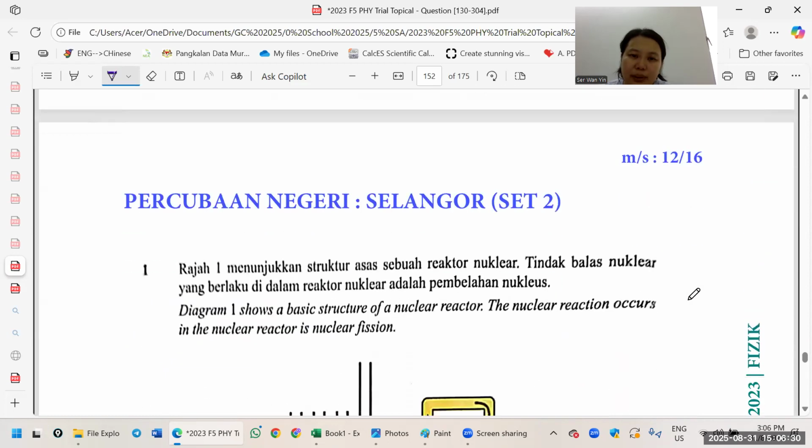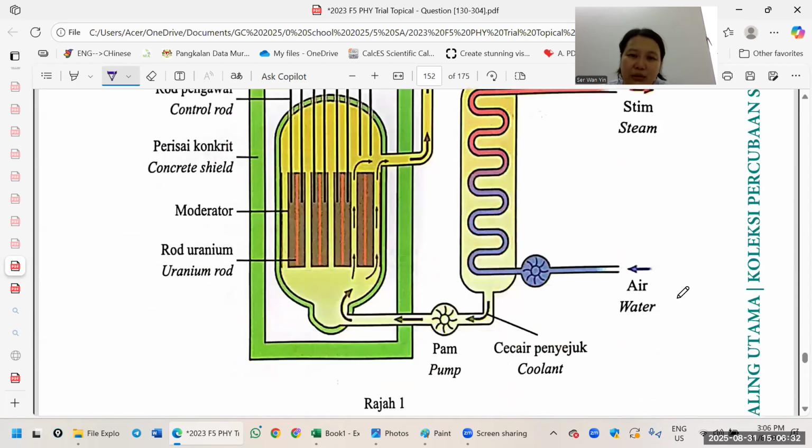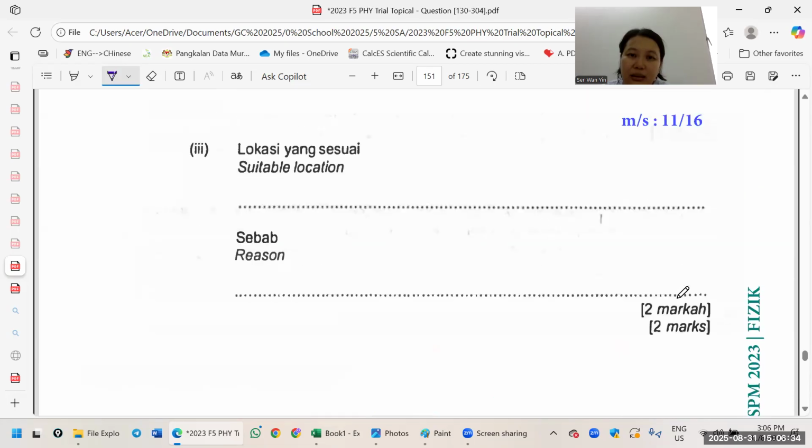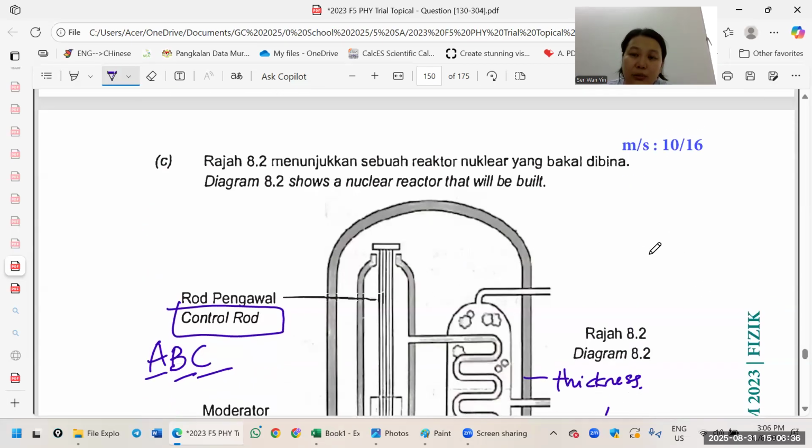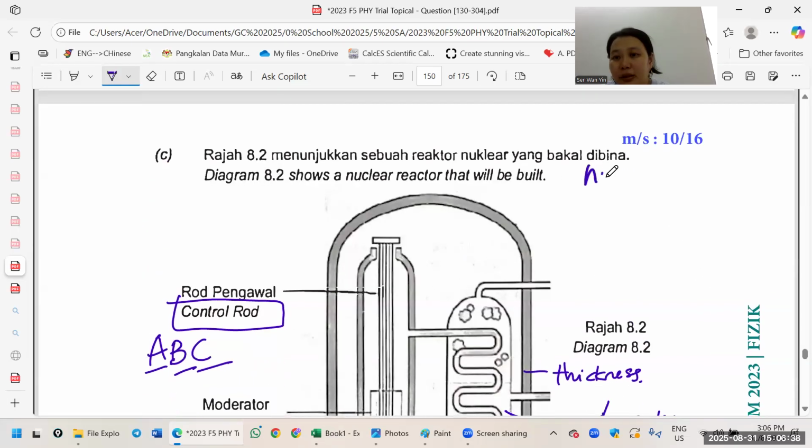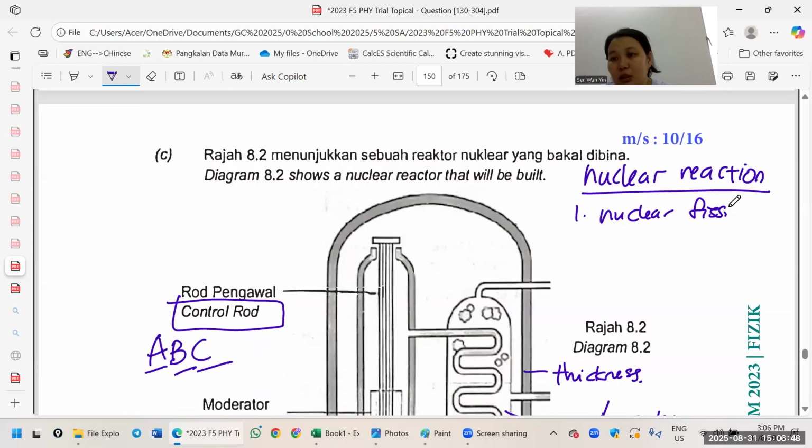Oh yeah, one more thing I forgot. But before that, we discussed already. We got a few types of nuclear reaction. Number one, nuclear fission. Fission means separate. Okay. Number two, nuclear fusion.